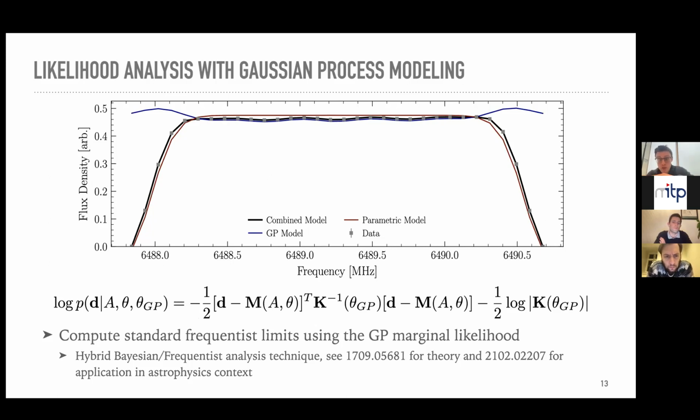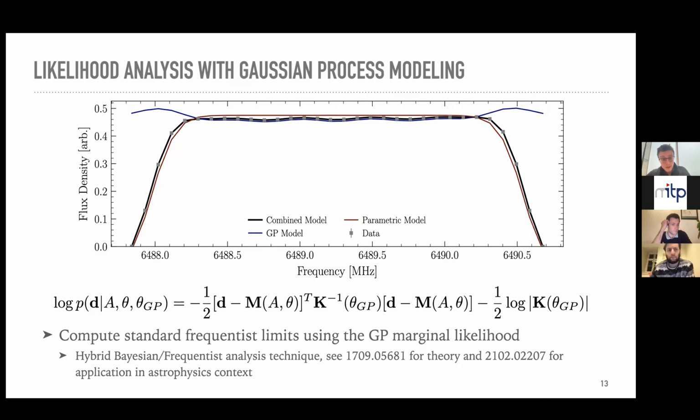That has that roll-off, but it's flat at the top, and that's not a very good description of the data. So the Gaussian process model takes over, and you can see in blue the Gaussian process model fit to the residuals after taking the data and subtracting off the parametric model. The combined fit is shown in black, and you can see it's very, very good. That's exactly what we wanted to see. We're able to develop a good fit here.